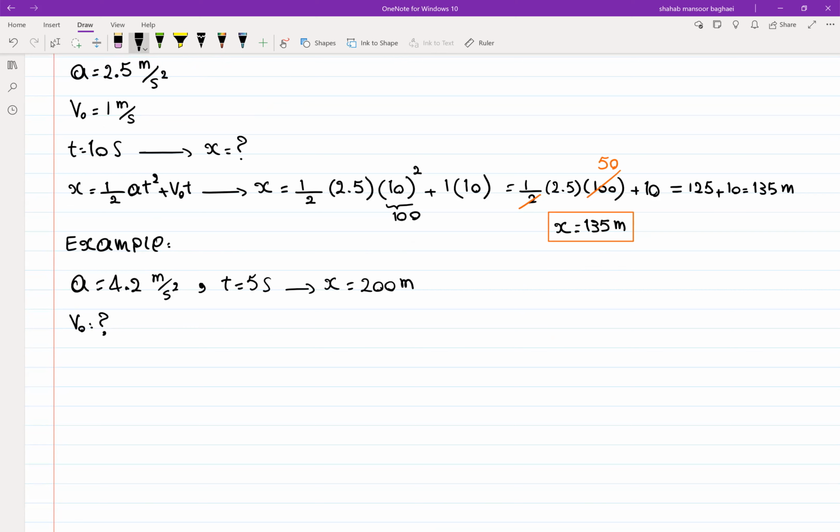Okay, according to this information, you have x, displacement, you have time, and you have acceleration. If you have this information, it means you should use the x equation. Therefore, x equal to half a t square plus V0t. Therefore, x is 200, plug it in.